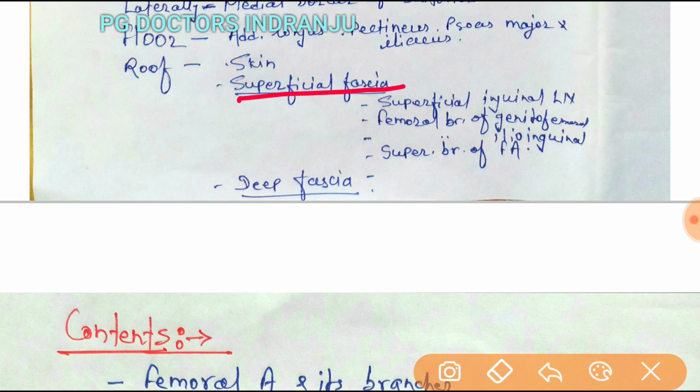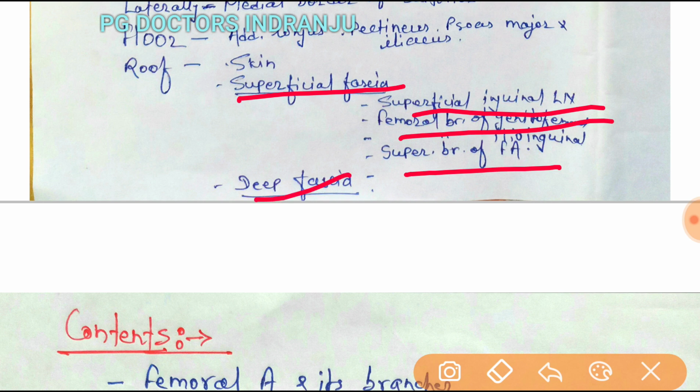and superficial fascia. The superficial fascia includes superficial inguinal lymph nodes, the femoral branch of the genitofemoral nerve, the femoral branch of the ilioinguinal nerve, and superficial branches of the femoral artery, and deep fascia.